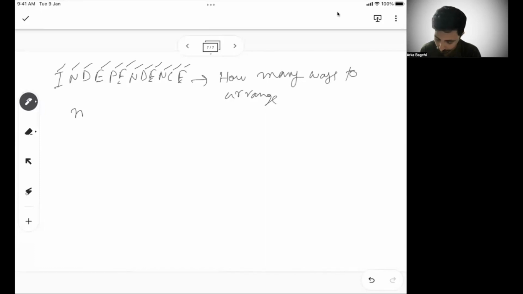So my n is 12 here. Out of that, how many of which types? I have I 1 time. I have n 3 times. Then I have d 2 times.